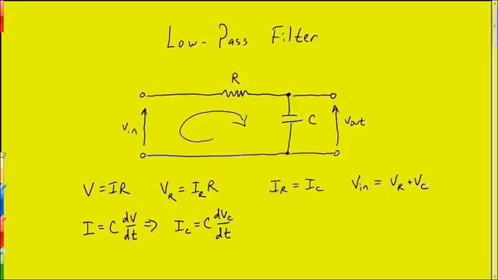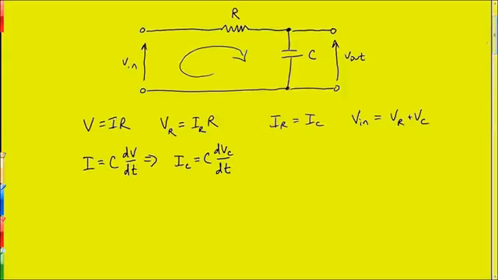So using all of these, we can come up with an equation that models our little RC circuit. Setting the two currents equal to each other, that means that VR over R is going to be equal to C times dVc dt.